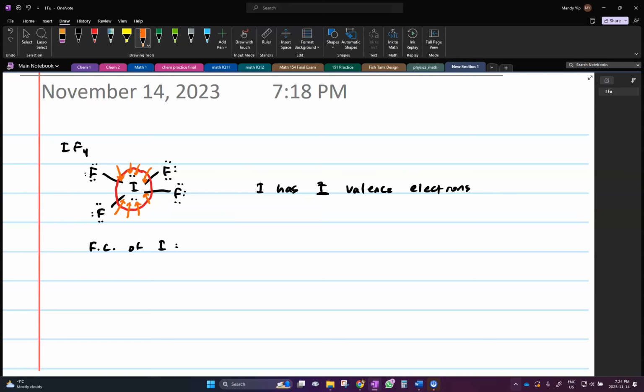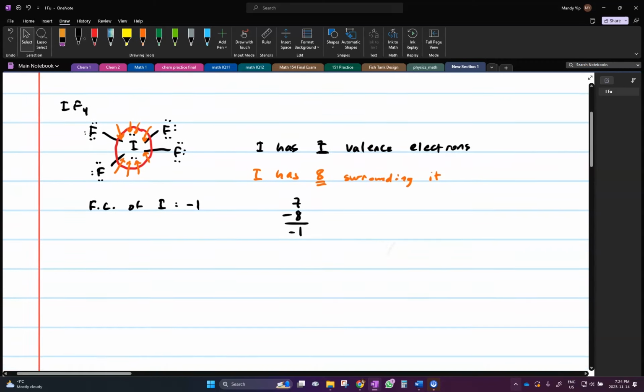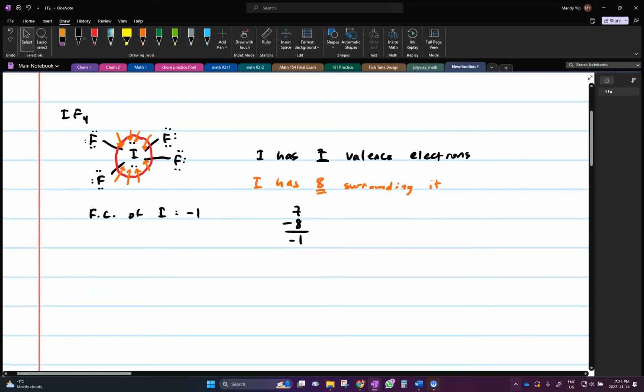So that means iodine has 1 extra. It has 1 extra negative charge. So 7 minus 8 is -1. It's got a -1 charge because it's got 1 extra negative charge. Okay, so that's formal charge.